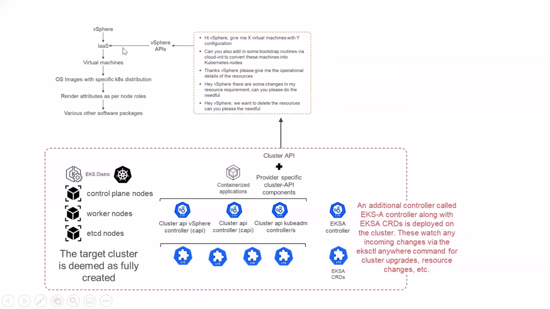And let's say you want to change the vCPU and the memory on the cluster node. You need a new virtual machine. So the new virtual machines are created, same process applies. Or it's a new worker node or a control plane node. So new machines are created and all that, and again, the new node.